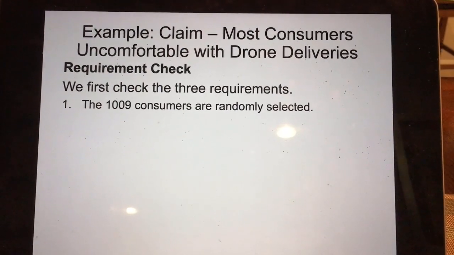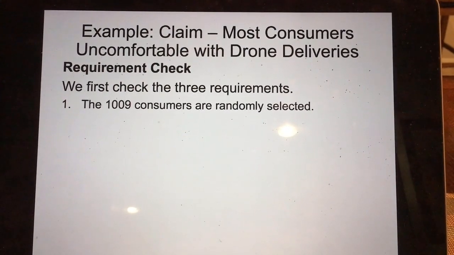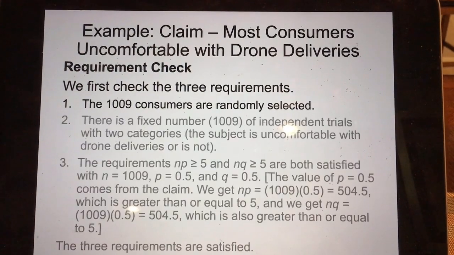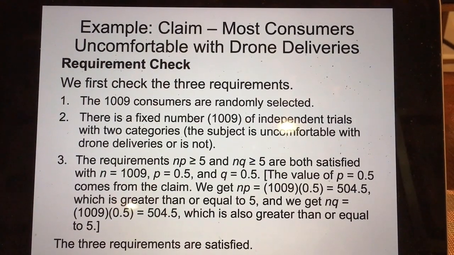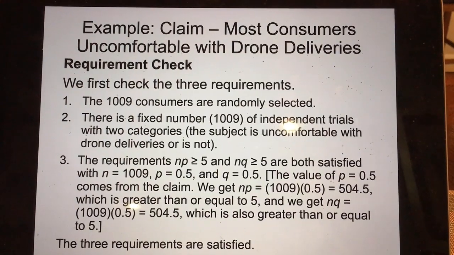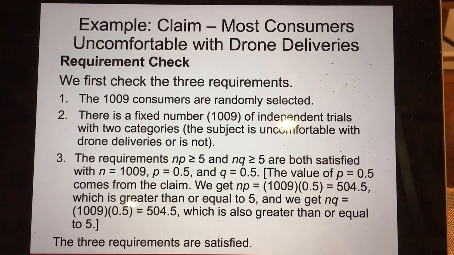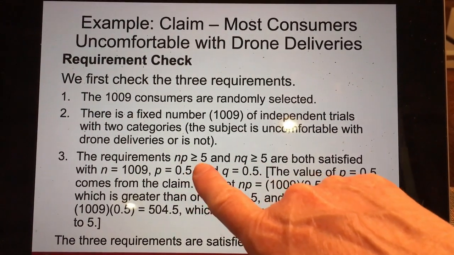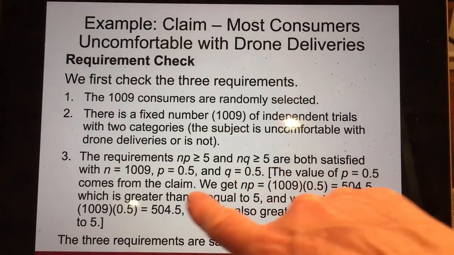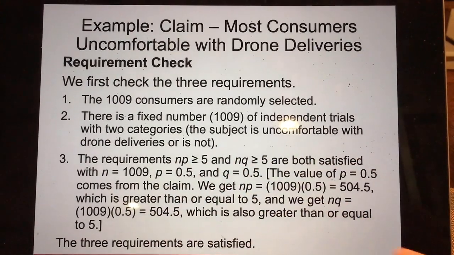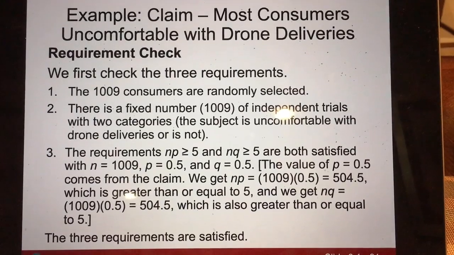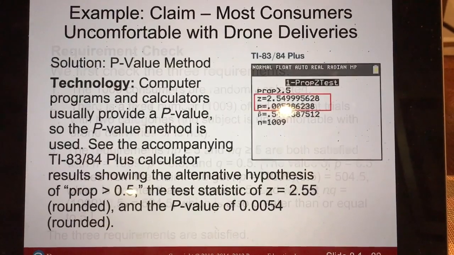So first of all, we're going to check our requirements. Are our consumers randomly selected? There are a fixed number of trials that are independent, and we looked at our np is greater than 5 and our nq is greater than 5, and all is in order. All three requirements are satisfied.